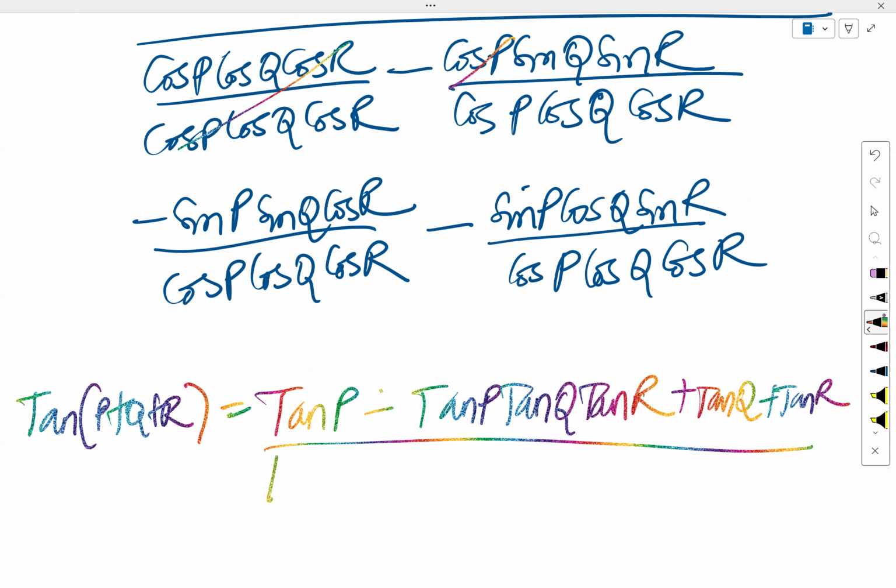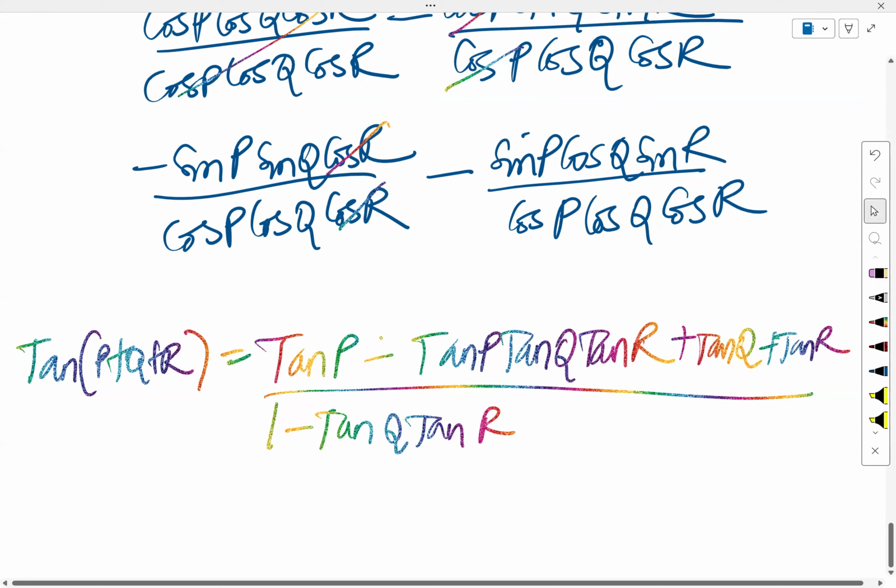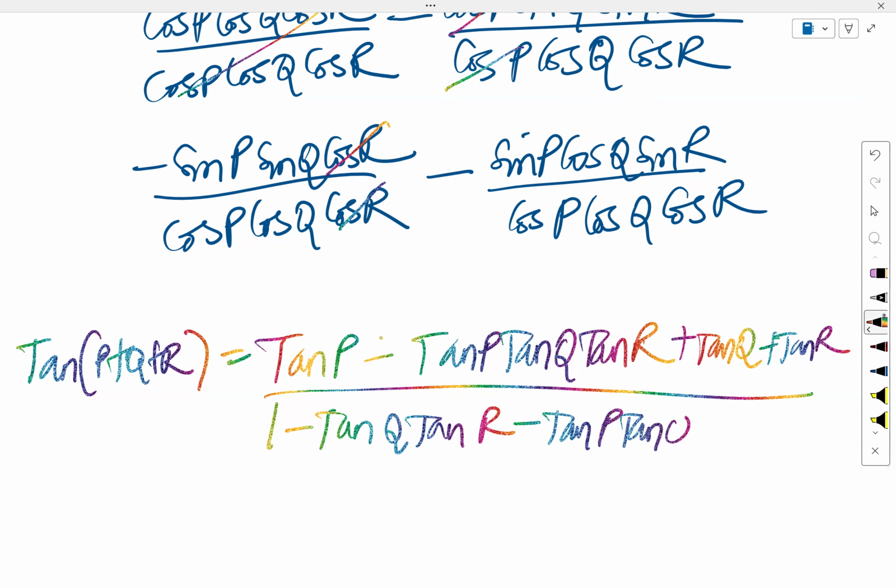And then we come here, cos P cancels cos P, and we have sine Q sine R over cos Q cos R, so that'll be tan Q tan R. That's minus tan Q tan R. And then here, cos R cancels cos R, so we have sine P sine Q over cos P cos Q, so that's minus tan P tan Q. And lastly, cos Q cancels cos Q, so we have sine P over cos P and sine R over cos R, so that is minus tan P tan R.